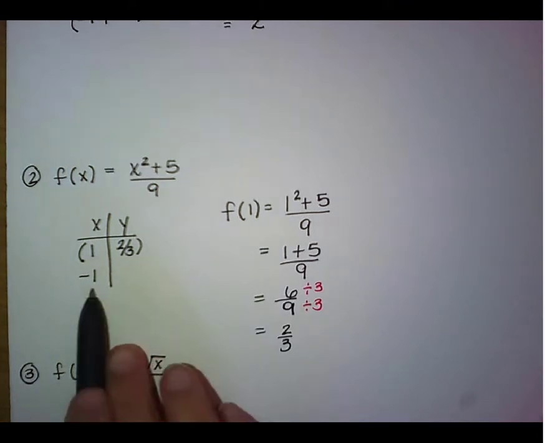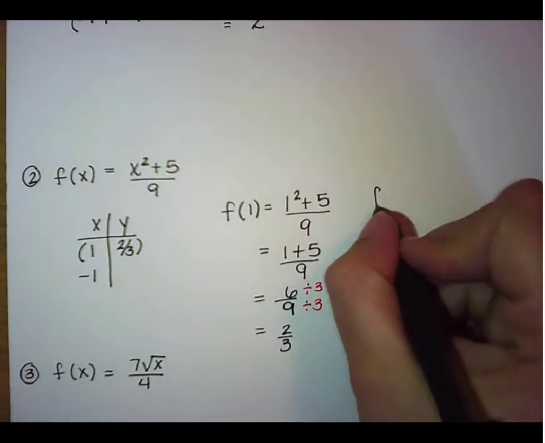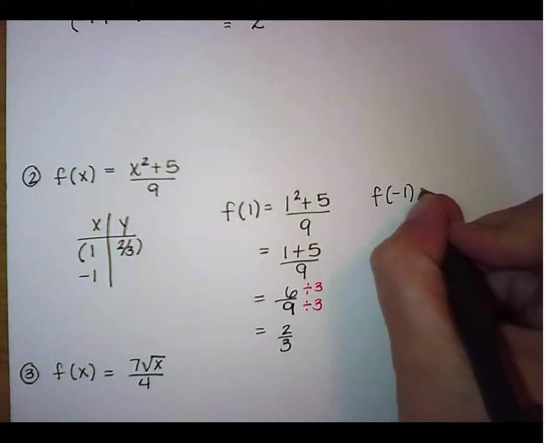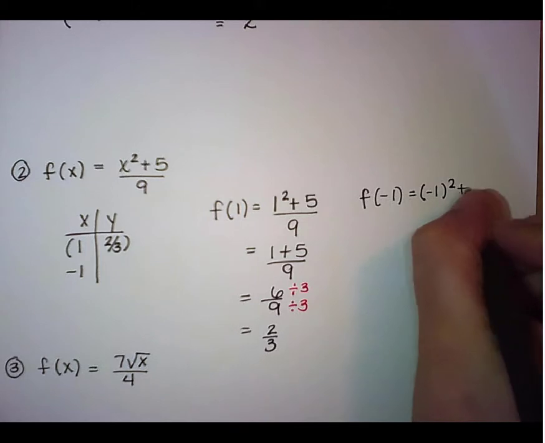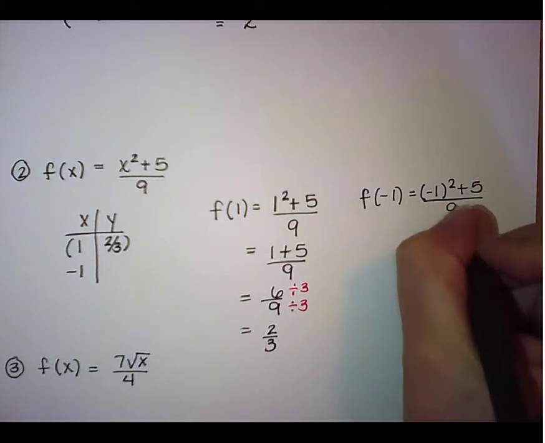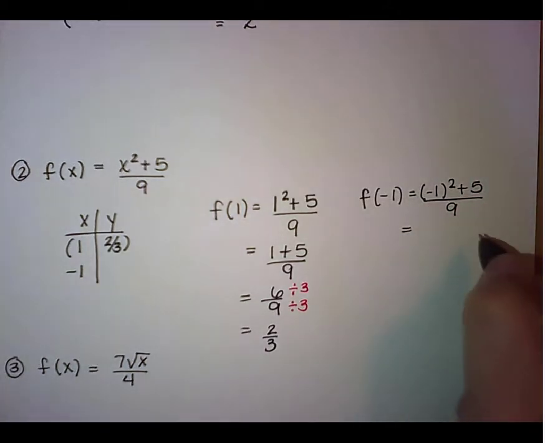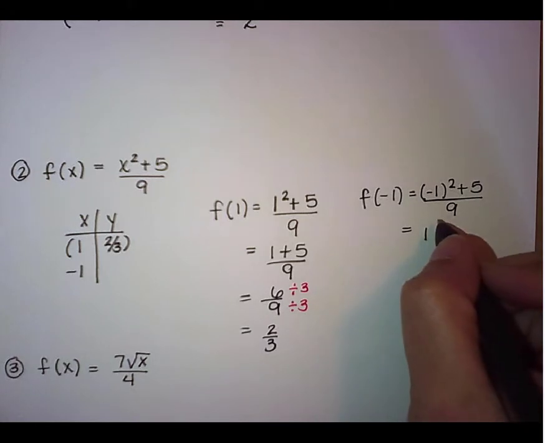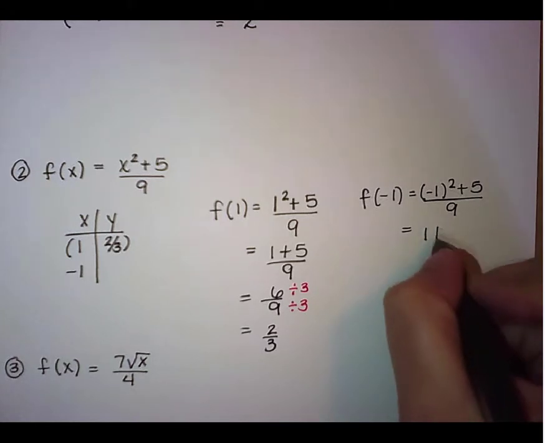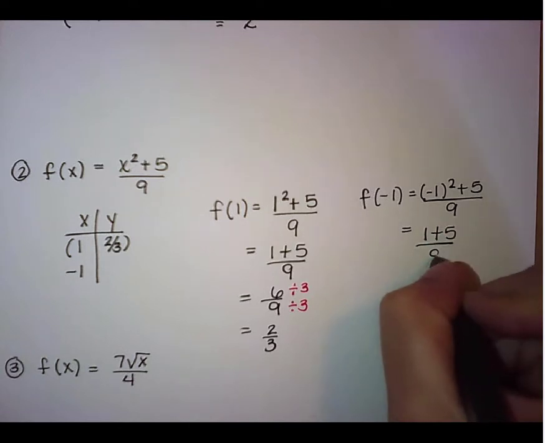So now let's do the same thing with the -1. So f at -1 means we're going to do -1 squared plus 5 divided by 9. Okay, so that's going to give us a +1 because we're doing a negative times a negative, which is a positive, plus 5 over 9.